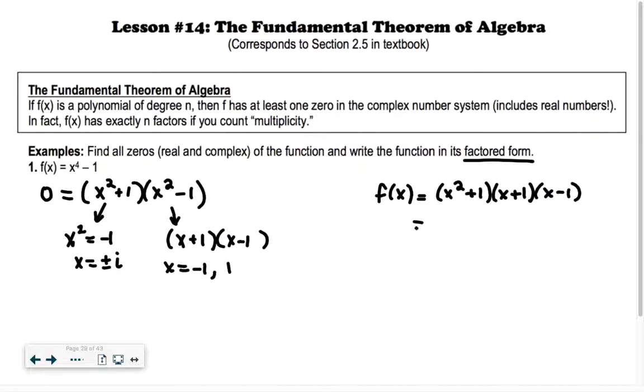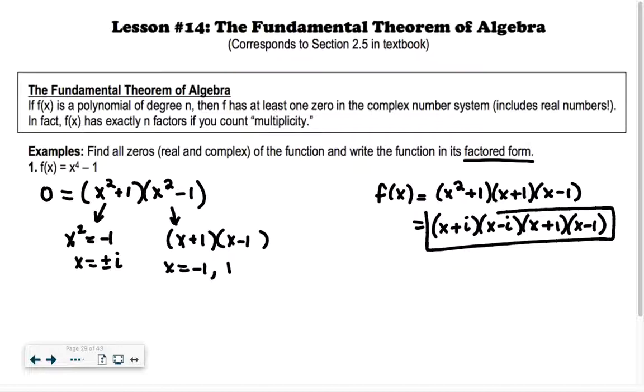So our fully factored form would be x plus i, x minus i, x plus 1, and x minus 1. I guess I didn't really say on this one, I should have said over the complex numbers, but that's fine. And our 4 solutions were 1, negative 1, i, and negative i.